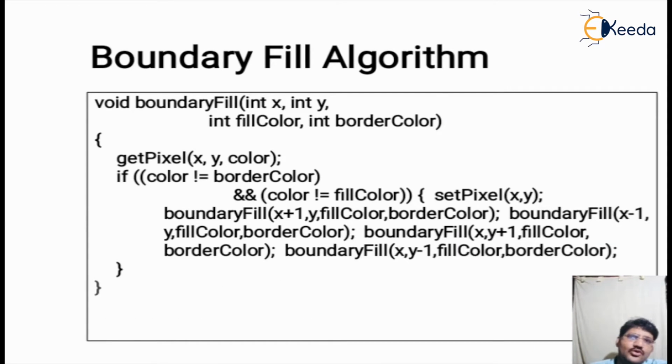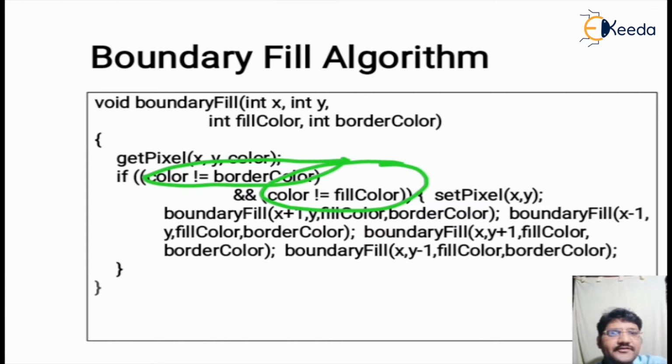This is the code for the boundary fill algorithm. In this algorithm, these are the two important conditions for filling the color: the color should not be the same as the border color, and the fill color should not be the same as the already filled color.